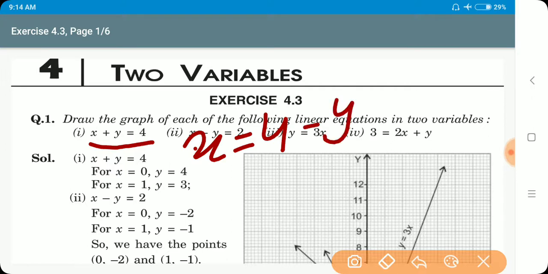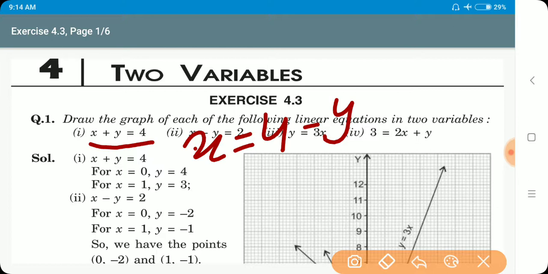Am I correct? So my dear student, as I put the value of y, I will get the value of x. In the solution you have been given, we put y is equal to 0, x is equal to 4; y is equal to 1, x is equal to 3, like that.